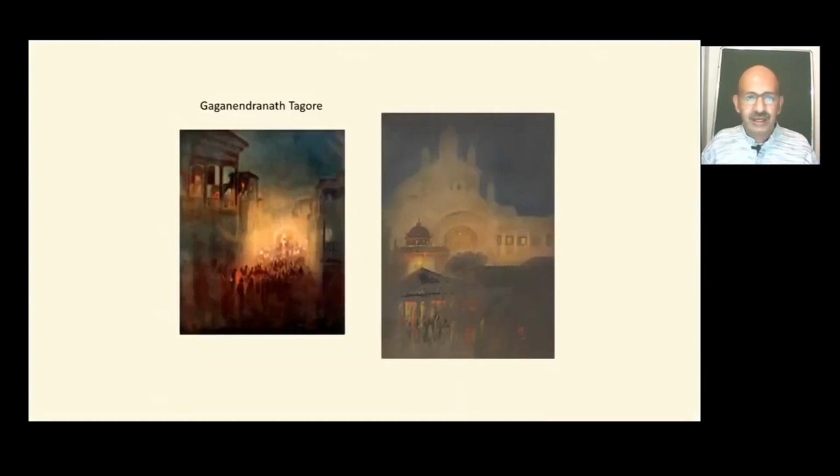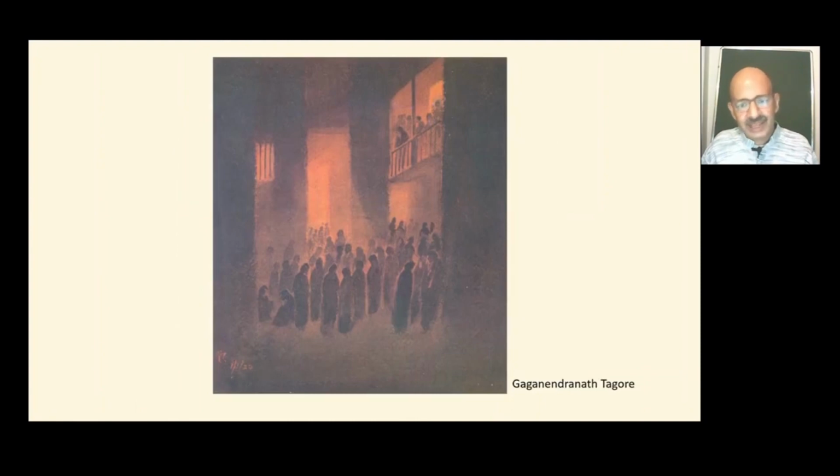bodies. And then you have Gaganendranath Tagore, who was definitely not a part of that Western academic naturalistic school. In fact, many of his paintings evoke the sense of Bengal school art, like these paintings. But at the same time, he was also applying certain East Asian, Japanese, and Chinese calligraphic quality in his works.